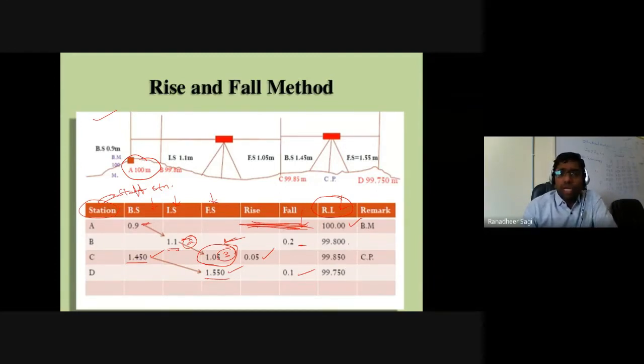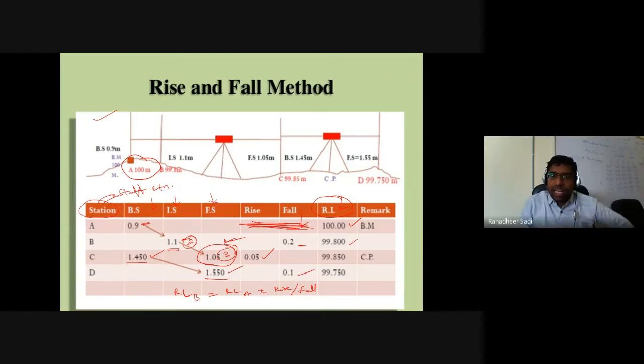Now, if I want to calculate my RL value at point B, RL at point B is equal to the RL I had with respect to the previous point, that is point A, plus or minus the rise or fall data.